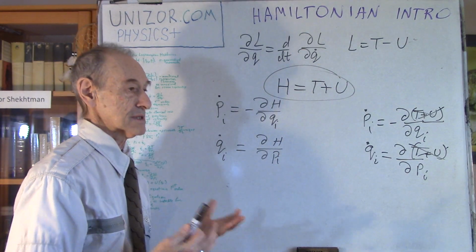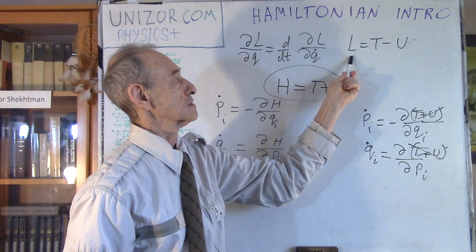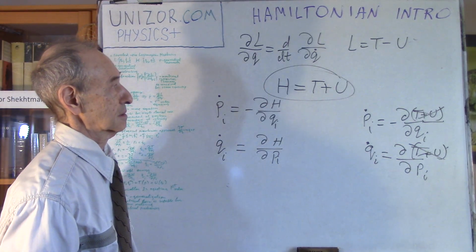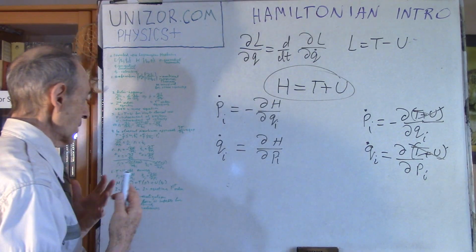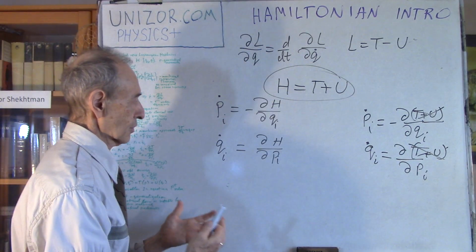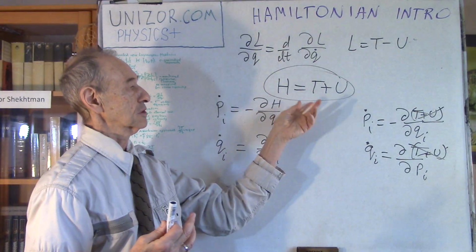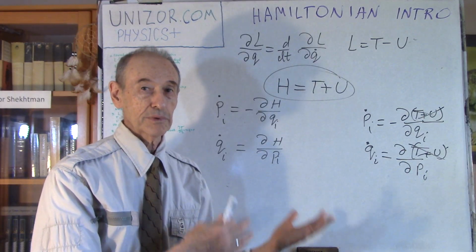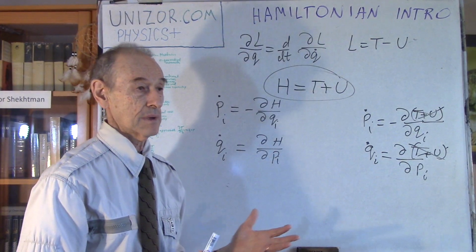It has certain meaning, much more than the difference between kinetic and potential. So this is the main road where we introduced the concept of Hamiltonian. In classical simple cases, it's the full energy of the mechanical system.